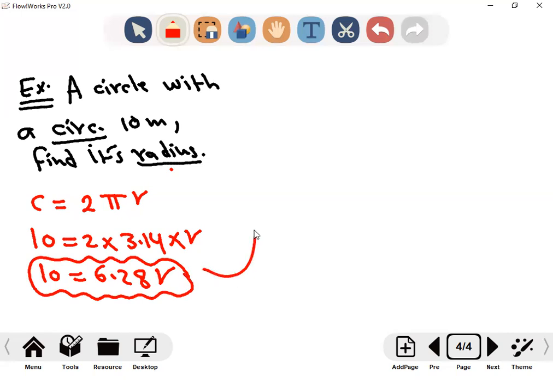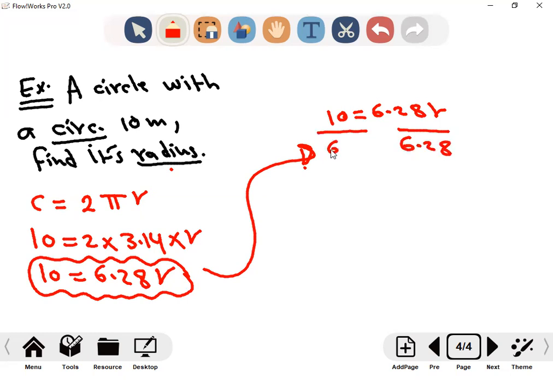So here 10 equals 6.28 r. We divide both sides by 6.28. Now this is gone with this, so radius equals 10 divided by 6.28. You can use a calculator for these things. Wait, please. 10 divided by 6.28 is 1.6 rounded.